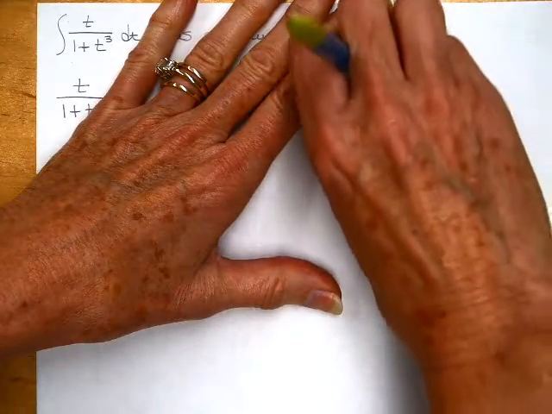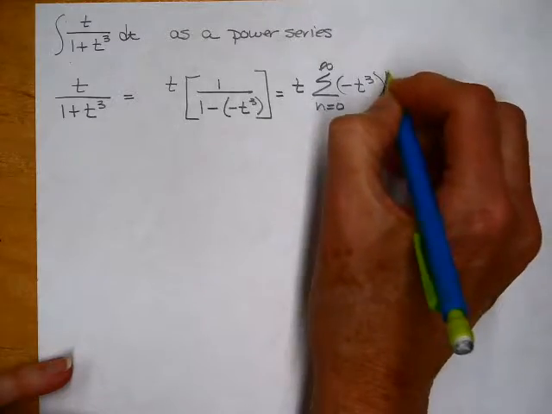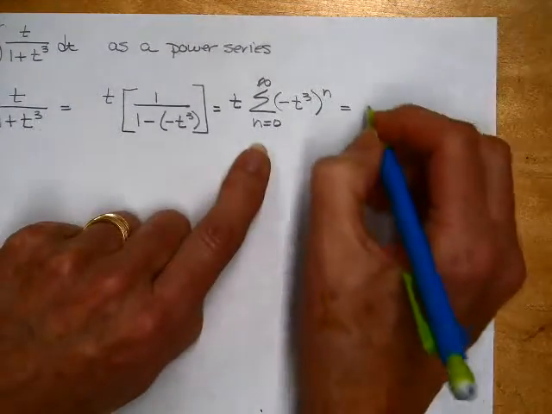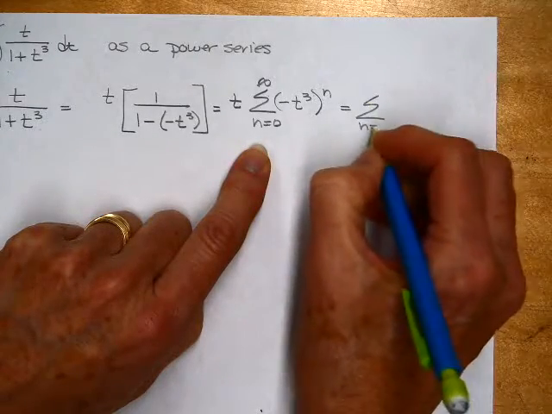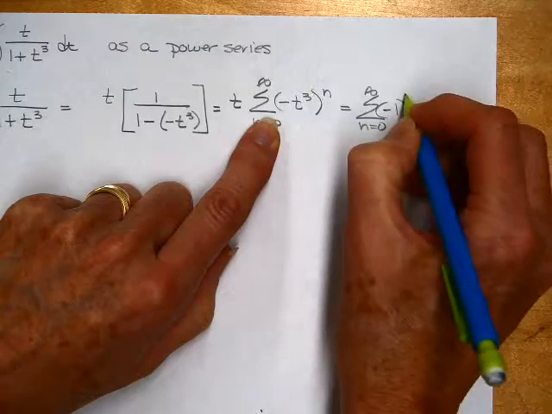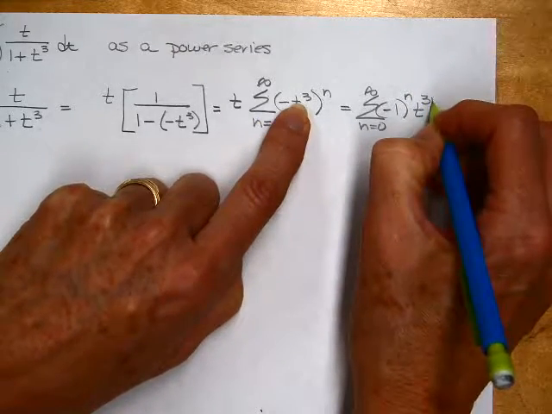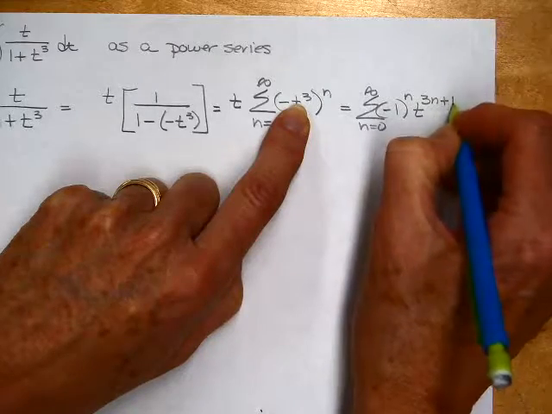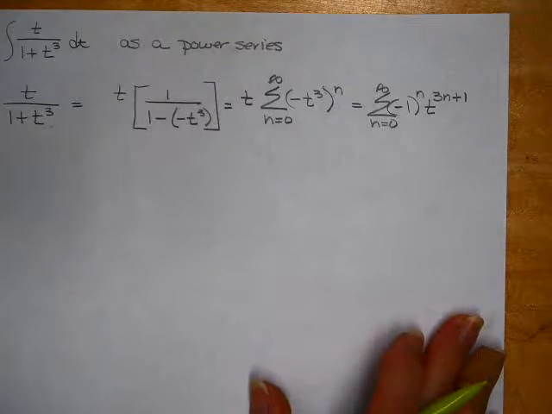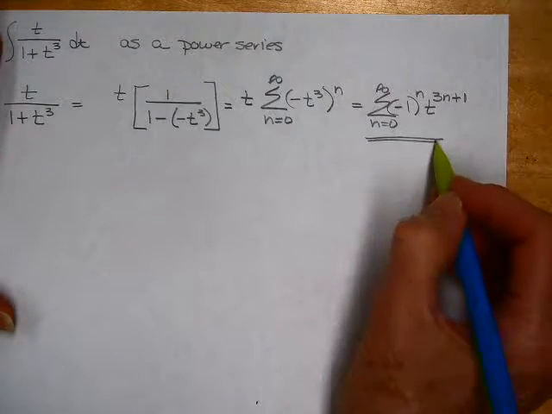Negative t to the third, all to the nth power, sorry. Which is, when you bring the t inside, the sum from n equals 0 to infinity, negative 1 to the nth, t to the 3n plus 1. This is your power series.